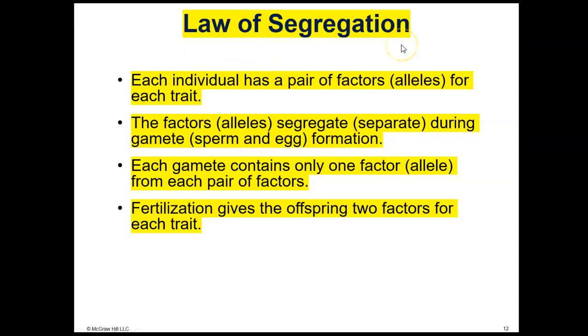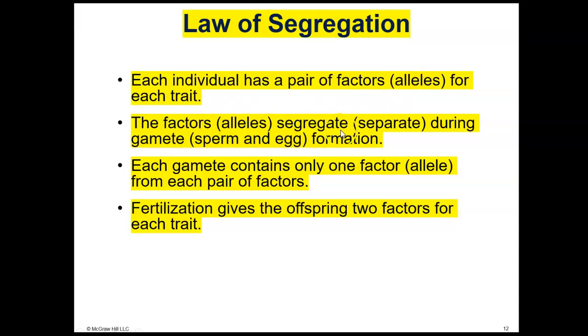And this is what the law of segregation states. And just remember, segregation and separation mean about the same thing. Each individual has a pair of factors, which we now call alleles, for each trait. So for every trait, there are 2 factors or 2 alleles for that trait. And those 2 alleles came from the parents, because you've got 2 parents. 2 parents means you get 2 alleles for a trait.